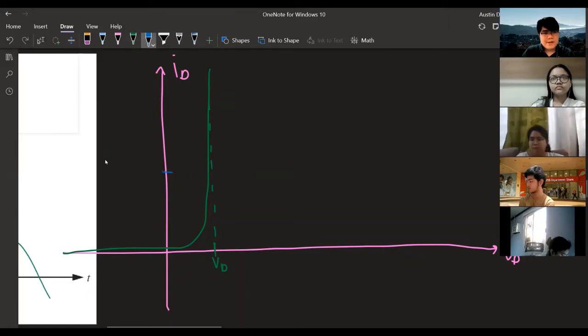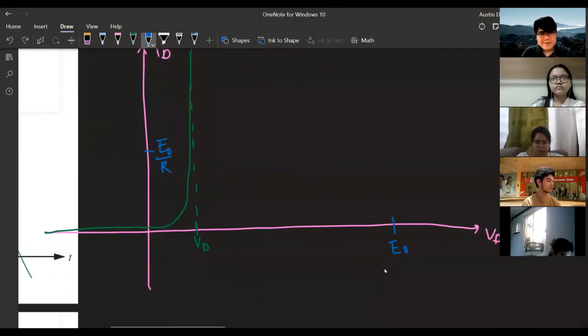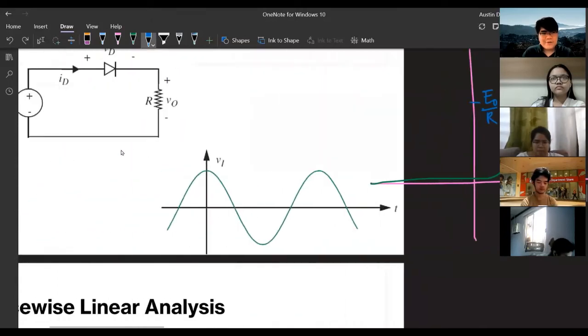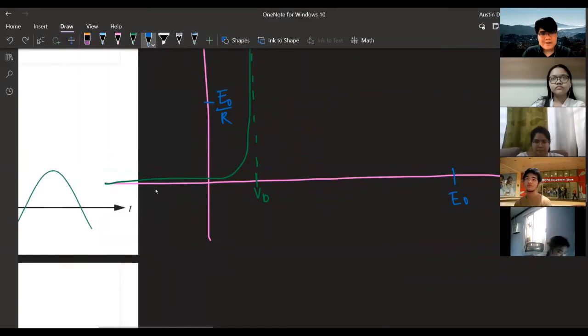Meron ka pa rin E not over R. Then we have another one here, E not. So may max E not tayo. Tapos syempre meron din dito sa kabila. Okay, medyo malayo lang. Wag na. Okay, dahil yung source mo ay cosine, so pwede siyang mapunta dito somewhere values between here and there.